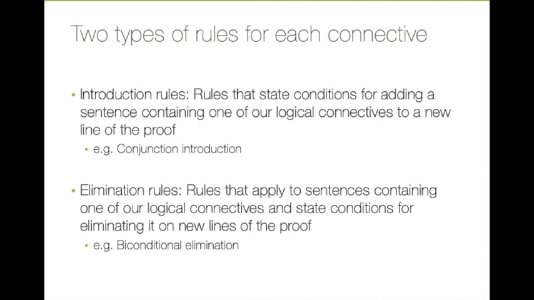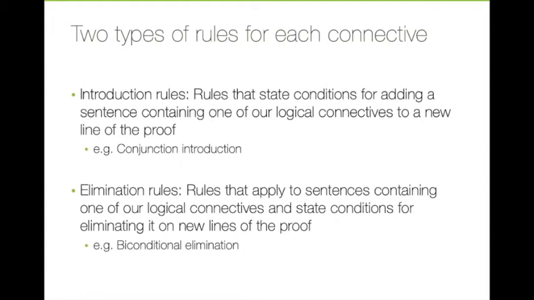But the majority of our rules, including the rest of the rules we look at today, apply to sentences based on their main connective. So by the end of this lesson series, we'll have introduced 2 types of rules for each connective type: negation, conjunction, disjunction, conditional, and biconditional.